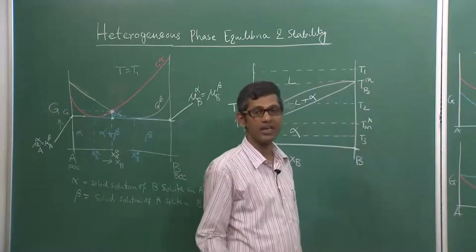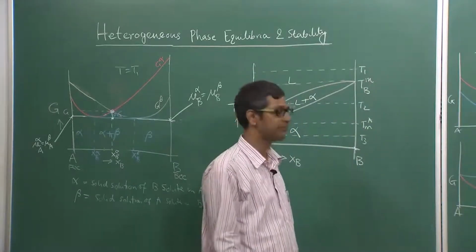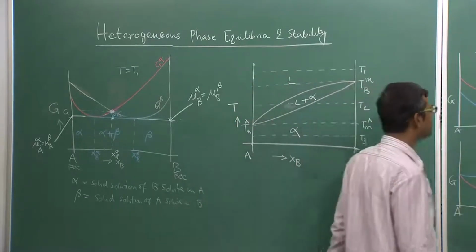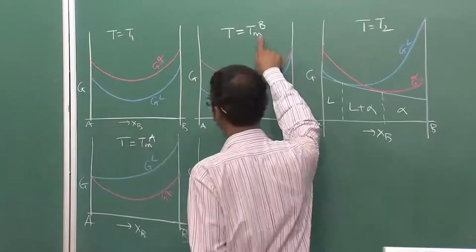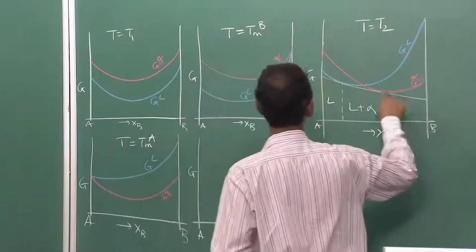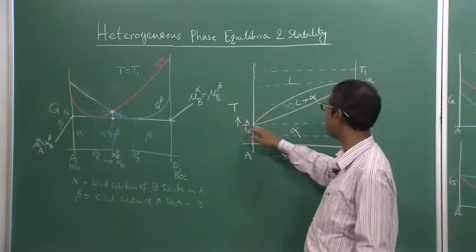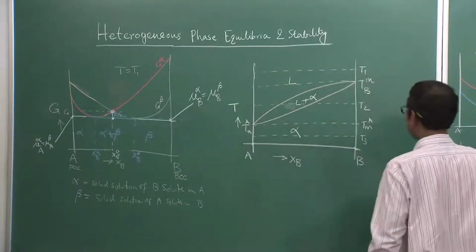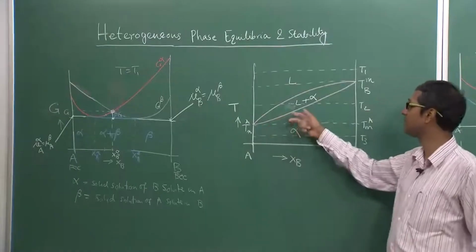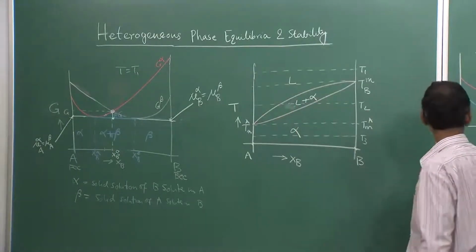That is obvious. At 0 degree Celsius both ice and water are stable. So very clear that only between TMB and TMA will these crossovers take place, below TMB and above TMA they will not, and the reason is that alpha and liquid both will be stable.